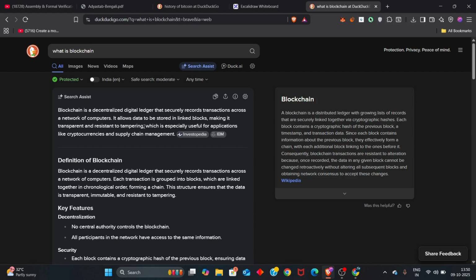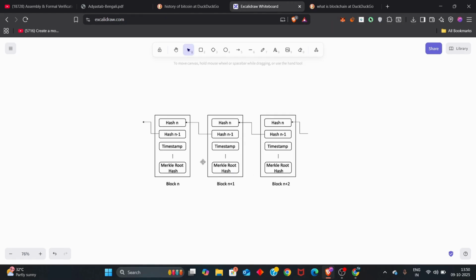So let me explain what all of this means. This is a simple diagram of a blockchain network. It only has three nodes. You can see each node has its own hash, the hash of the previous one, timestamp, data, nonce, and then the Merkle root hash.